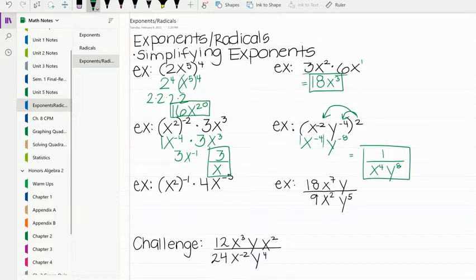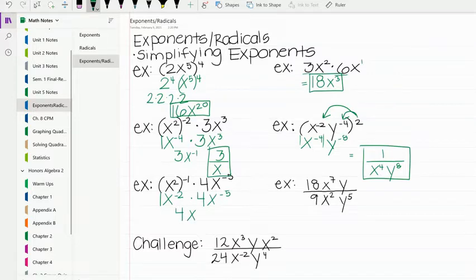Okay, looking at this next one, we have x squared to the negative 1. So this would be x to the negative 2. And then times, and I'm just going to go ahead and write this out, 4x to the negative 5. I'm going to put an invisible 1 there, and I'll multiply the numbers. So 4 times 1 is 4.